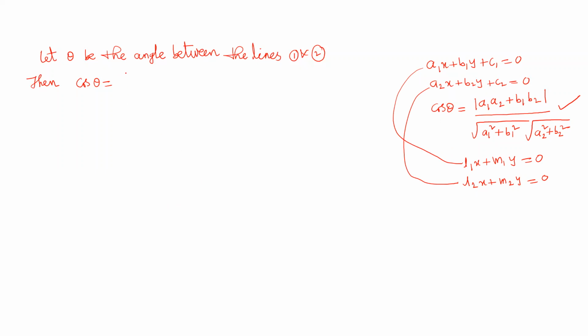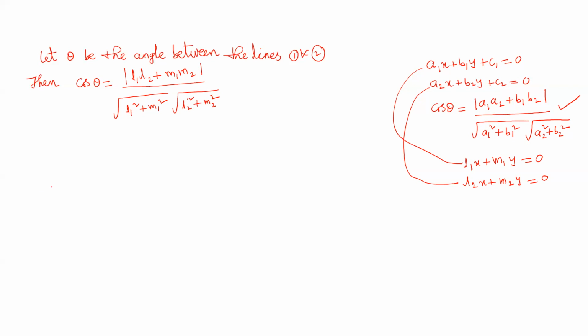Then what we get here? a1 a2 means L1 L2 plus b1 b2 means M1 M2 by root of a1 square plus b1 square, L1 square plus M1 square into root of a2 square plus b2 square, L2 square plus M2 square.